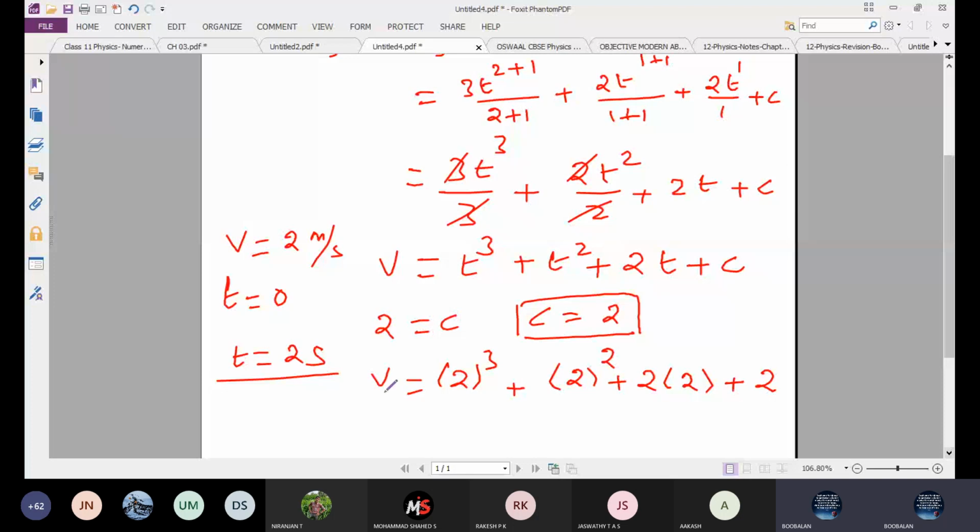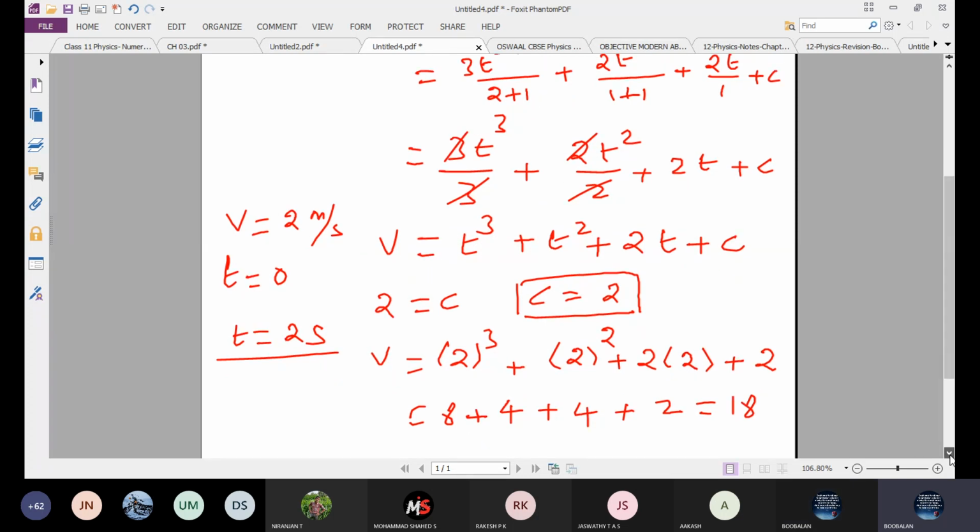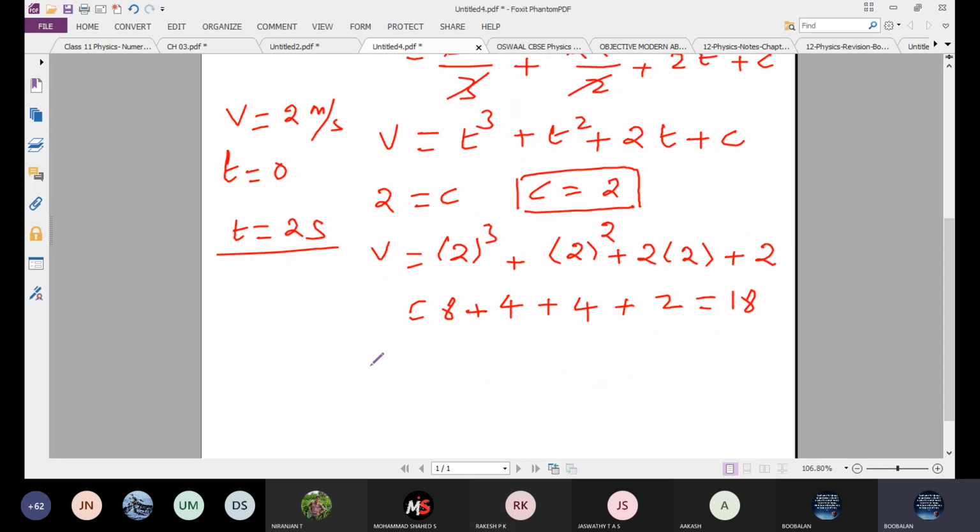What is the value? 2 2s are 4, 4 2s are 8, 2 2s are 4, 2 2s are 4, plus 2, which gives 18. So V equal to 18 meter per second.